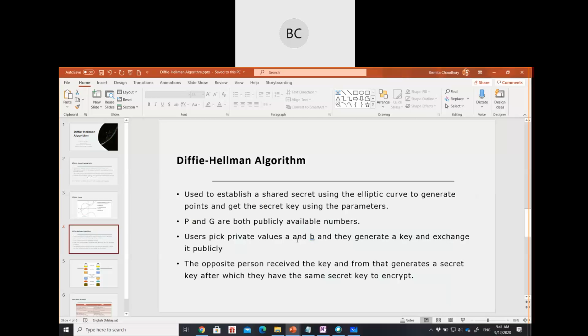The opposite person receives the key, and from that generates a key.